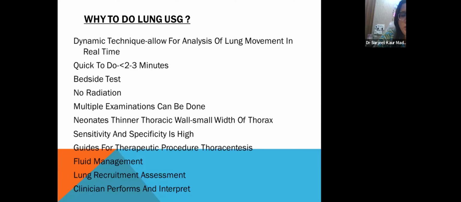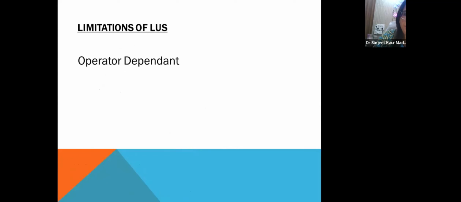The sensitivity and specificity are high, and it helps guide therapeutic procedures, fluid management and lung recruitment. The best advantage is that you yourself are performing it, you know the clinical course of the baby, and you can correlate and interpret it in a better way. The only limitation is that it is operator dependent. You have to learn how to do it.